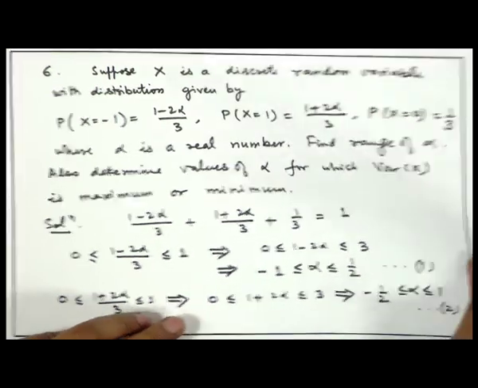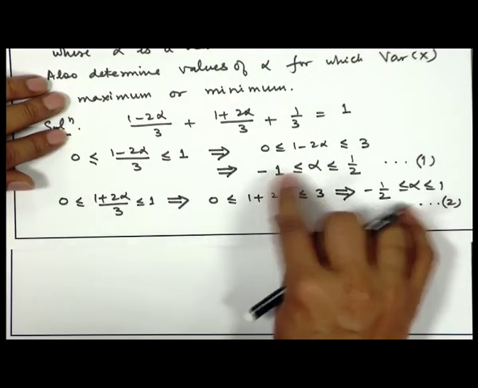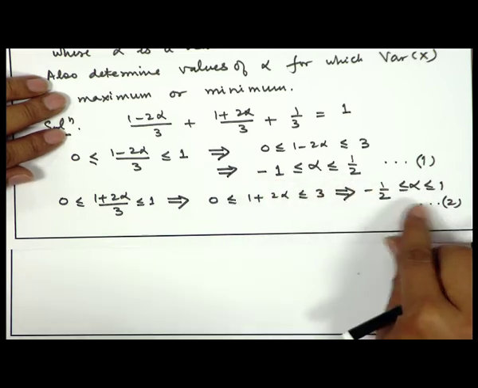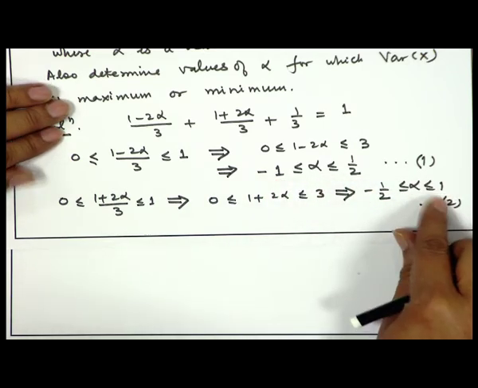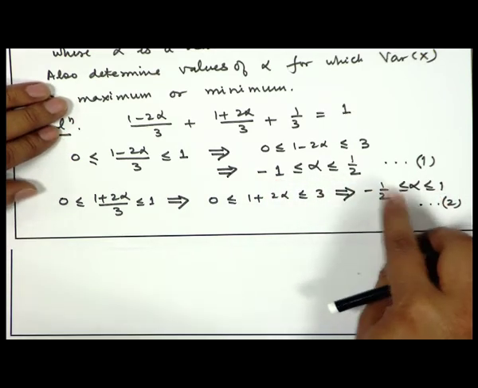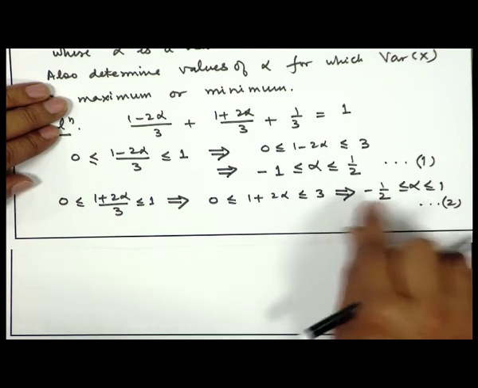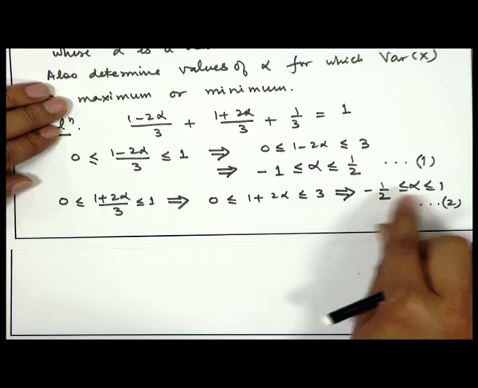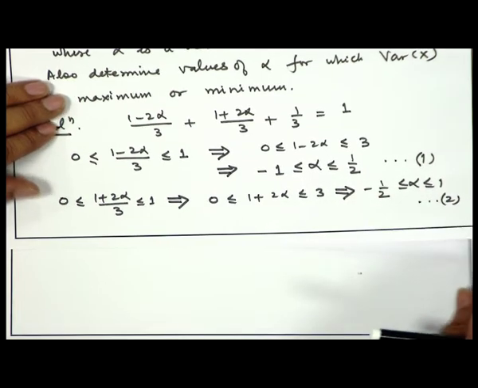So, let us look at these two conditions here. Alpha is between -1 to half, and in the second one we get alpha from -half to 1. So, if you take the intersection of the two regions, I will get alpha from -half to +half.